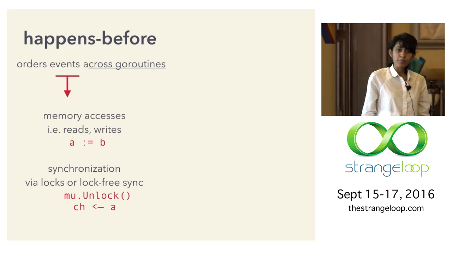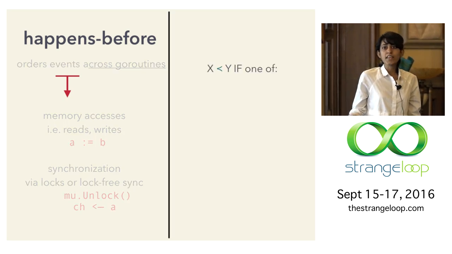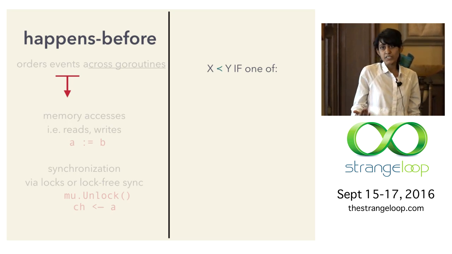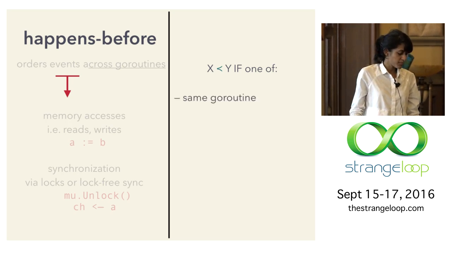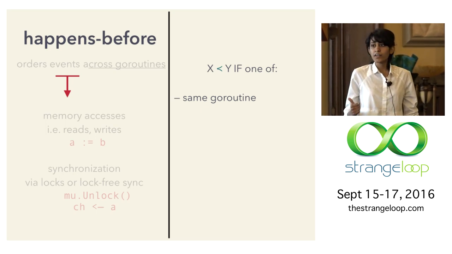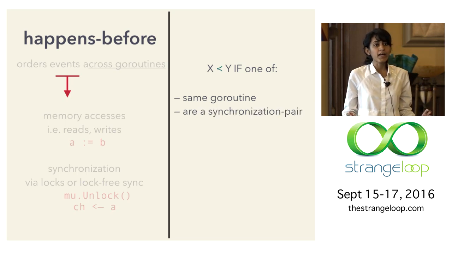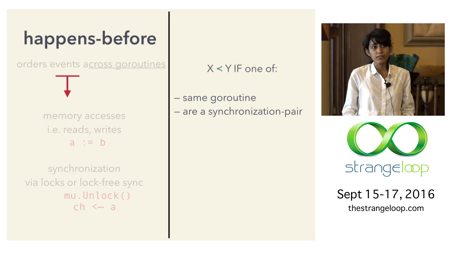Now, happens before has a few rules. In order to say that one event happens before the other, if you've observed their results as such, one of 3 things must be true. Either 1, they happen in the same Go routine, or 2, they're a synchronization pair. And by that I mean they are like a lock-unlock on the same mutex object, or a send-receive on the same channel.